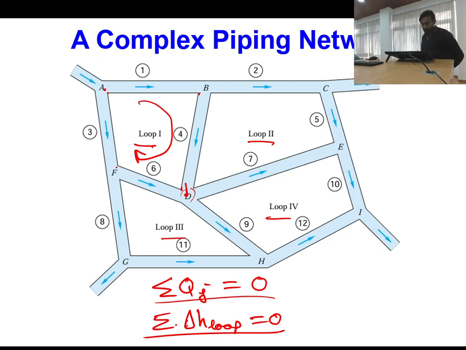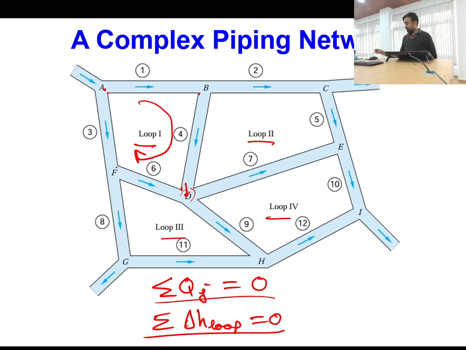And of course, if you satisfy the criterion that the sum of all pressure drops in a loop equals 0, then the criterion of the same elevation at the junction will be automatically satisfied. Okay, is this point clear?